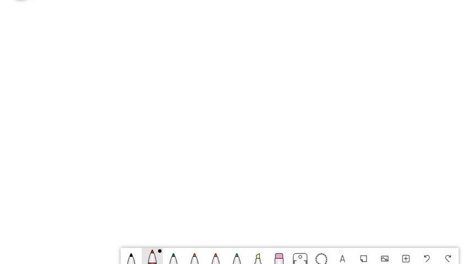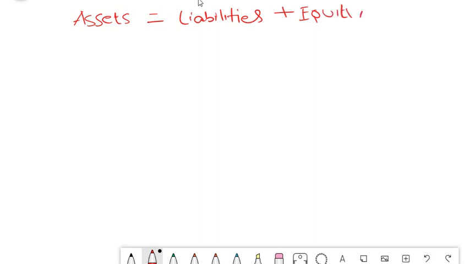Just now we have seen that assets and liabilities should be equal. Assets is equal to liabilities plus equity. Equity is nothing but your capital, friends.